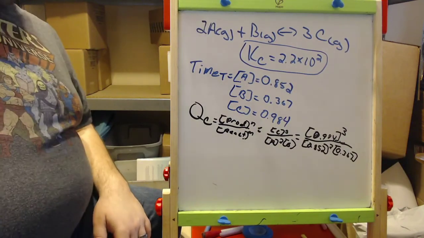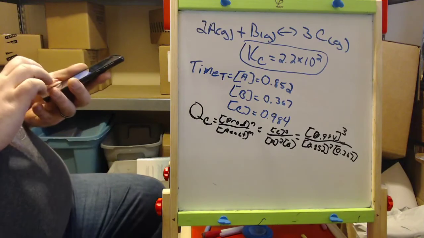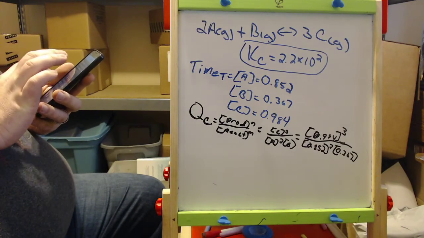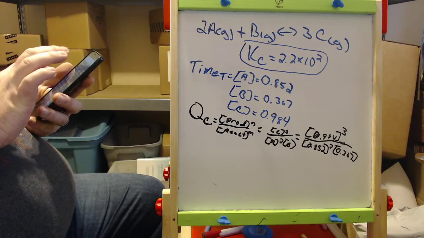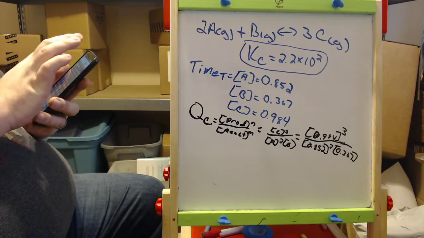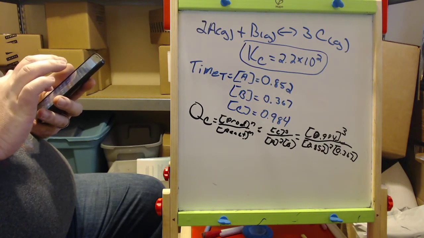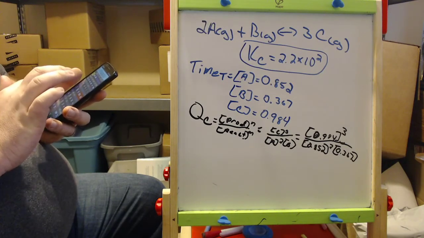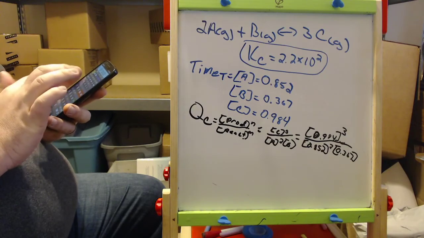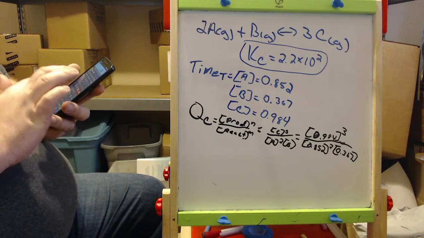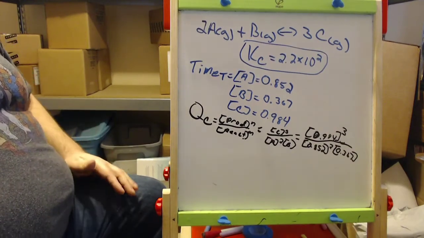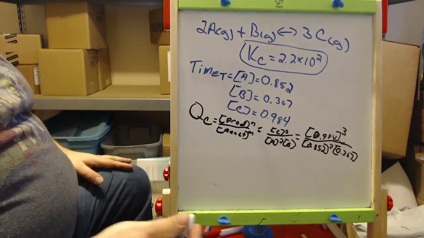So again, we've got to calculate this. Let's see, 0.984. And I get an answer of 3.58.